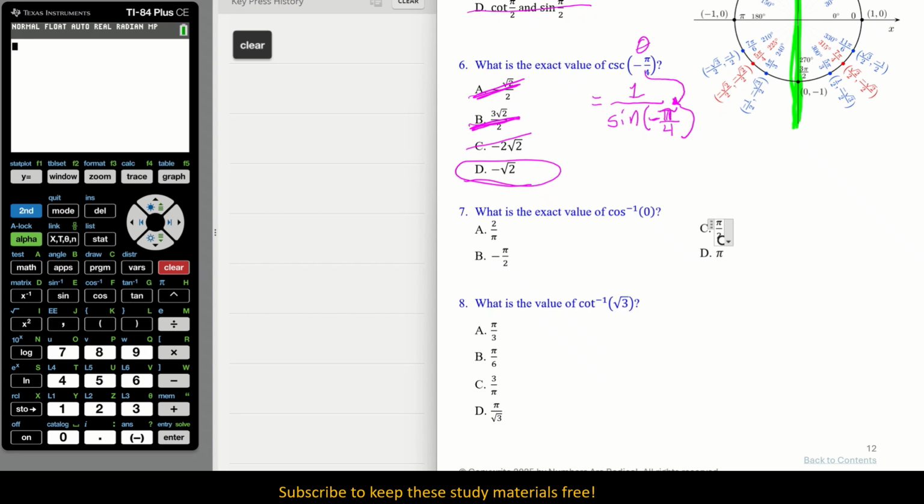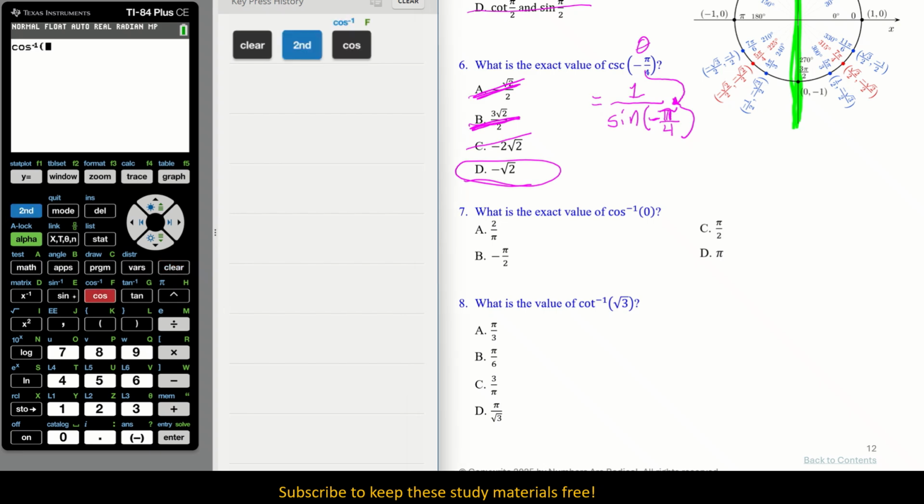All right, so 7 says, what is the exact value of inverse cosine 0? Okay, well, you should know a few things about sine and cosine, but let's say you don't. Okay, here to tell you that A doesn't make sense. But let's put it in the calculator.